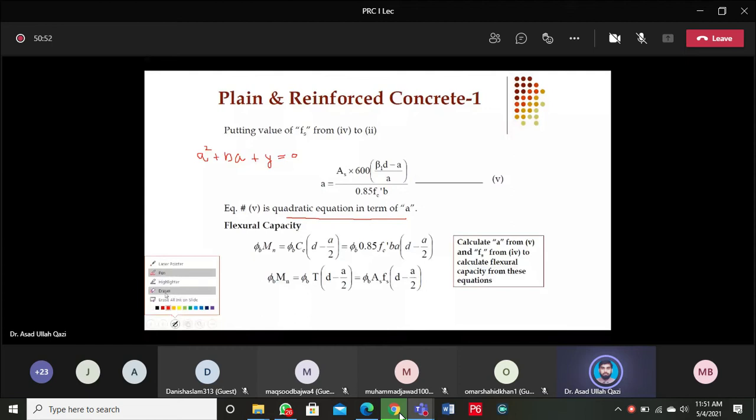Even you may get confused with this b. This b is not actually the width of the cross section. I may use x a, any coefficient with a.